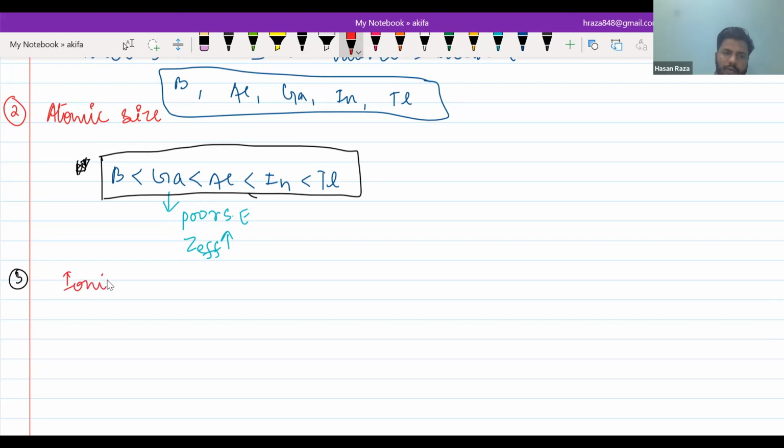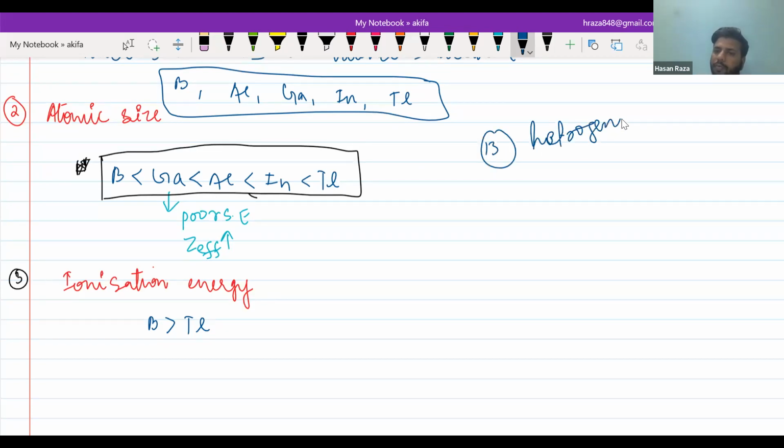Okay, come to the ionization energy part. Ionization energy has an order: boron, then thallium. Down the group, ionization energy decreases. Basically, this 13th group is called a heterogeneous group, because it comes after the D block, and the D block has very much variation. So boron, thallium, then gallium, then aluminum, then indium.